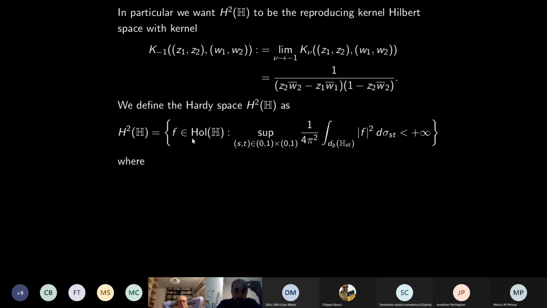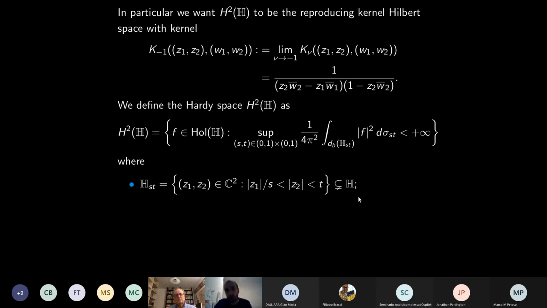We consider the space of holomorphic functions on the Hartogs triangle. We still consider a family of approximating domains, H_ST, which are defined as follows. We have the modulus of z1 over S smaller than the modulus of z2 smaller than T. So these domains are all strictly contained in the Hartogs triangle. dB of H_ST is the distinguished boundary of H_ST, which is obtained when, instead of these inequalities, we have equalities.